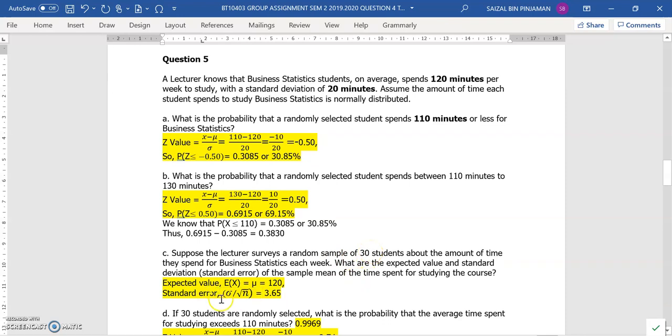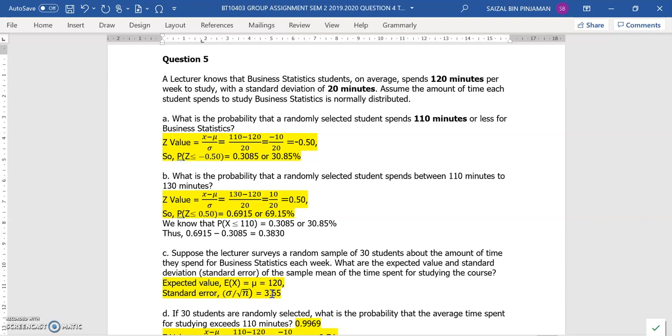In this case, since we know that the standard deviation is 20 minutes, we divide it by the square root of the sample size, 30. By dividing the two, we obtain the standard error, which is equal to 3.65.